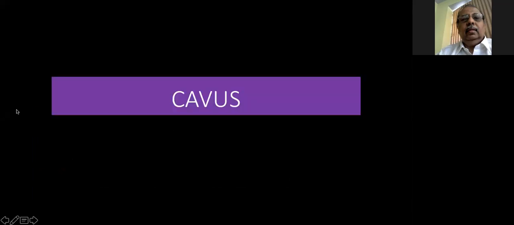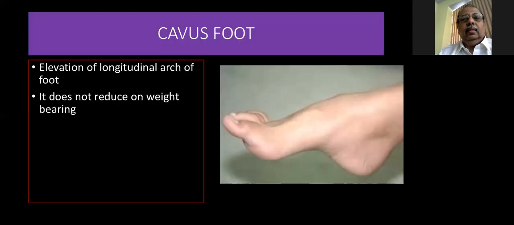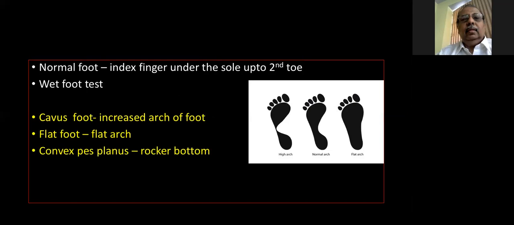The next important deformity of the foot is the cavus. It is the elevation of the longitudinal arch of the foot. It does not reduce on weight bearing. In the normal foot, if you pass the index finger under the sole, it should go up to the second toe. If you are not able to pass it and the medial side is flat, you call it flat foot.